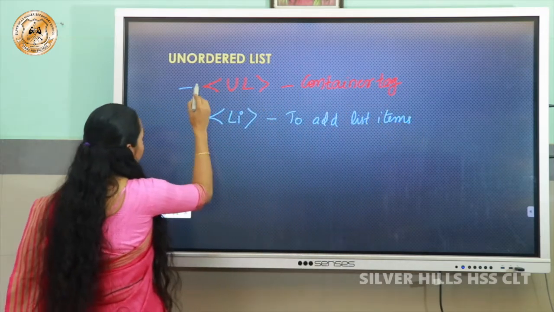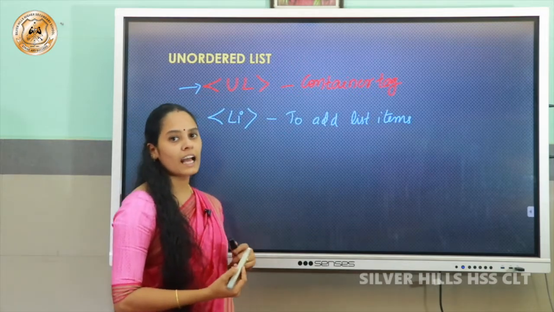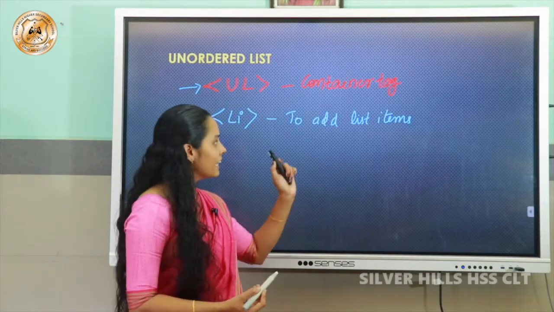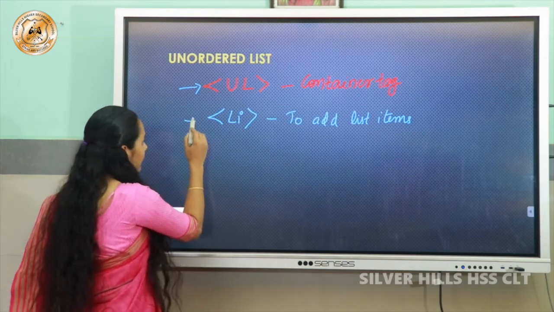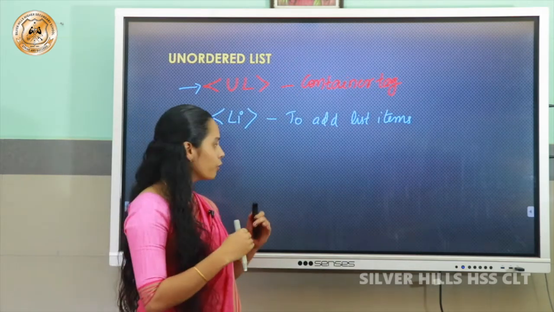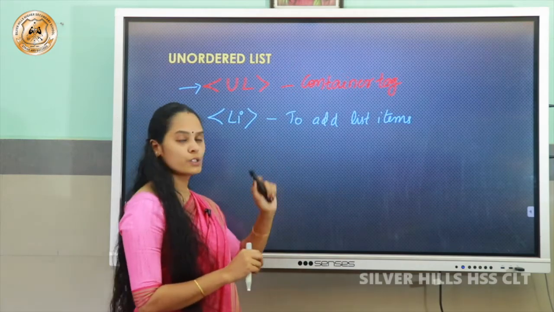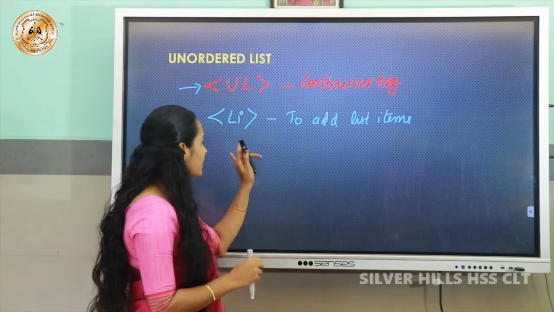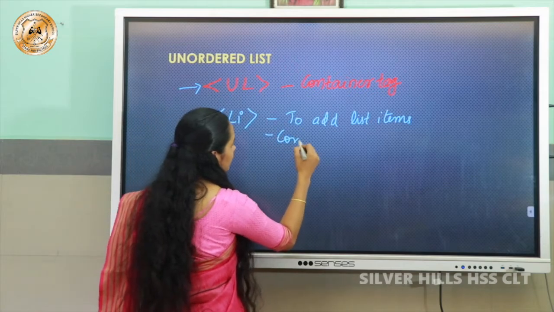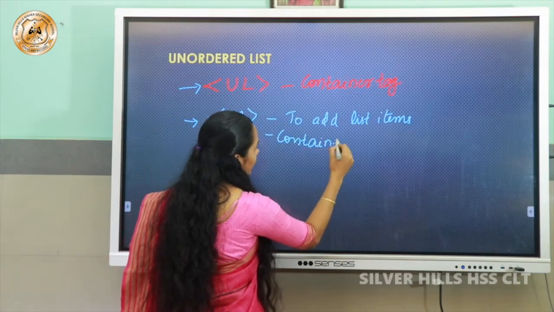So UL is the main tag. By using the UL tag you can create an unordered list. Under that UL tag, as a subtag, you write the LI tag, which is used to add list items, and this is also a container tag.